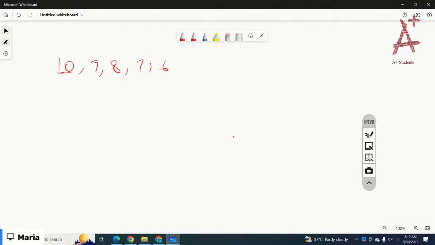The first one would be 11 minus 1. Then 9 is 11 minus 2. 8 is 11 minus 3. That means the constant one is 11 and t is decreasing, so it would be 11 minus t, right?